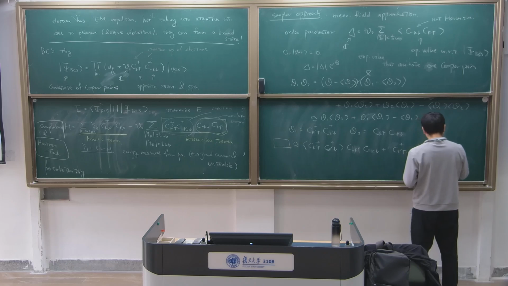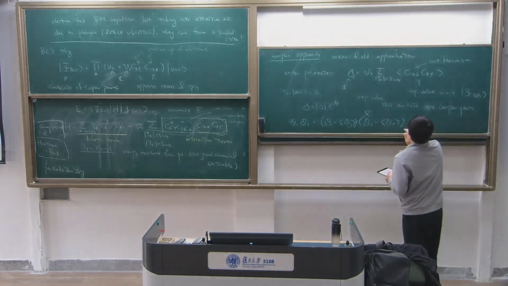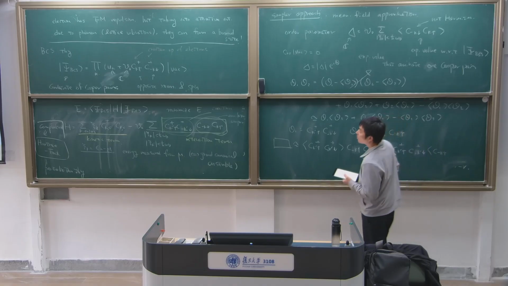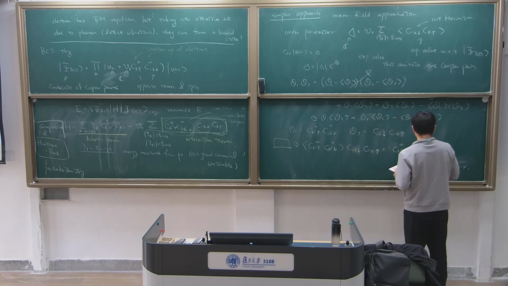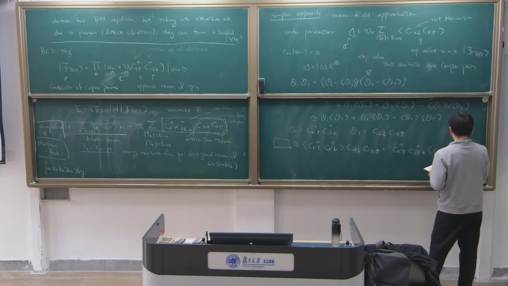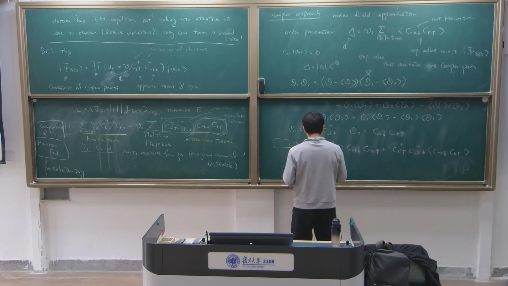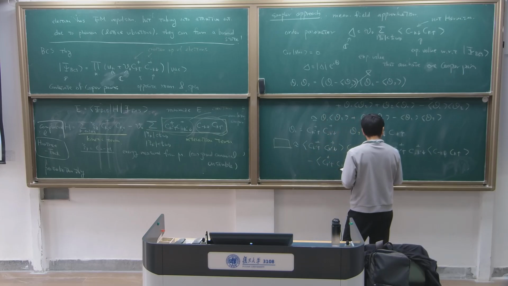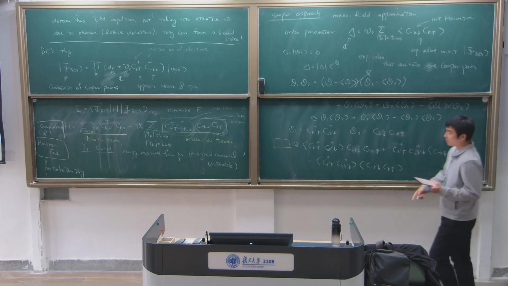And then this, alright, I think this should be better. Okay, and this thing. And then you have a two. And then c minus k, c k up. That's the mean field approximation.